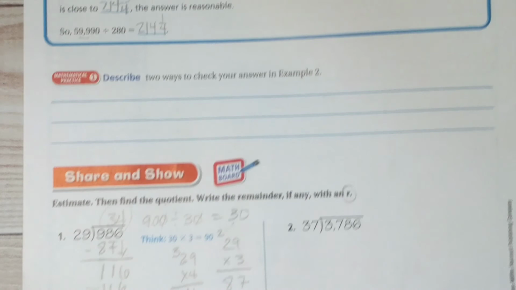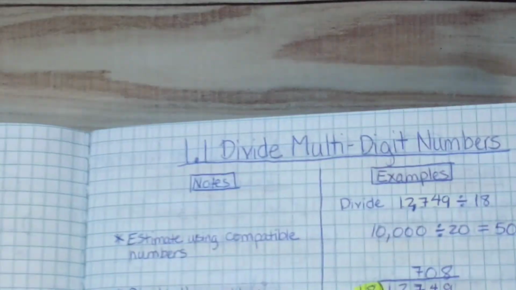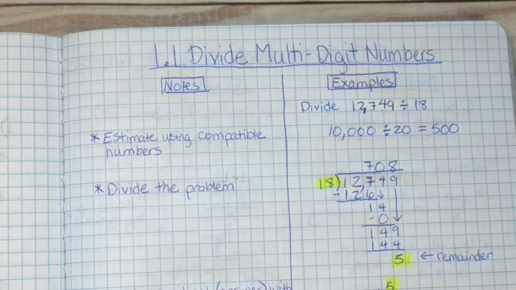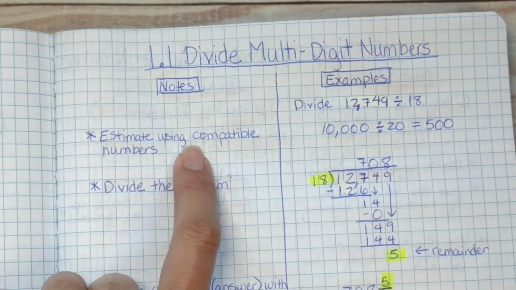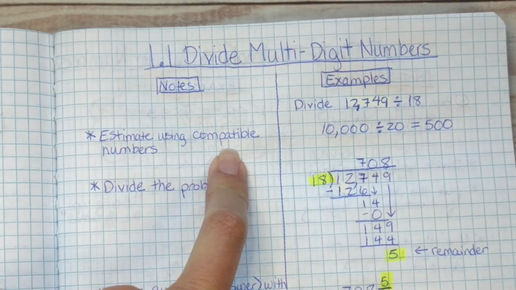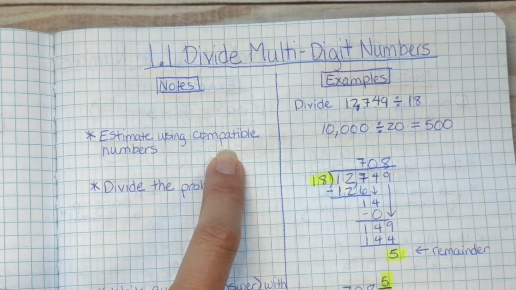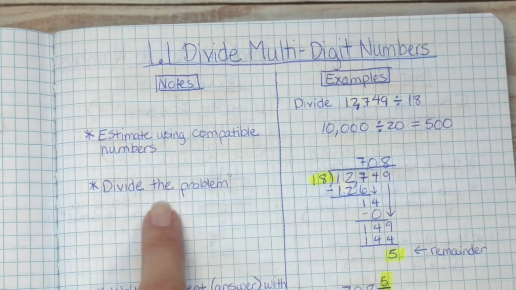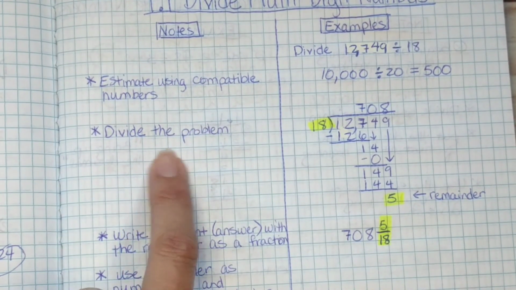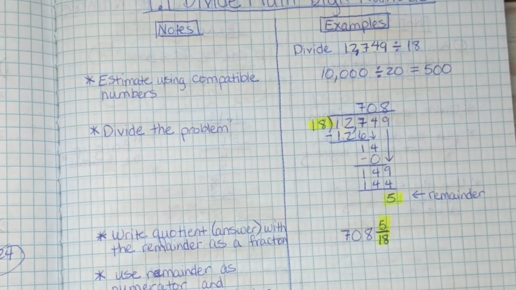Nice job. Okay, let's take a look at our notes. So when we divide multi-digit numbers, we estimate first by using compatible numbers. Think a little bit and make those numbers nice and easy to go into each other. Then we actually divide the problem.